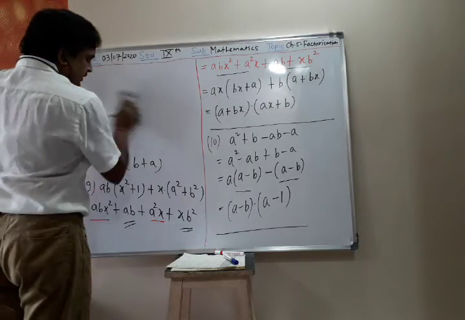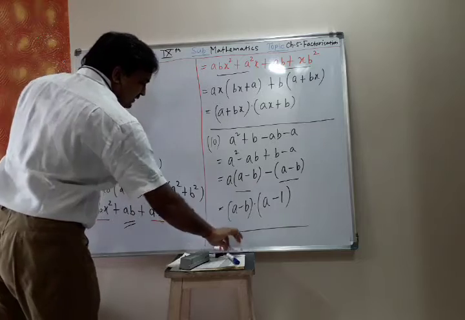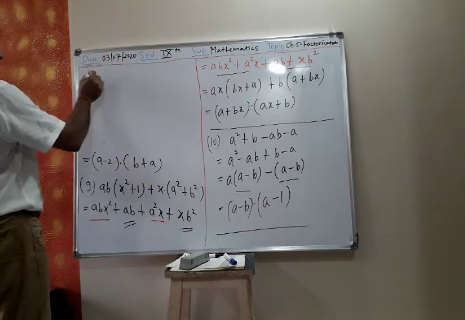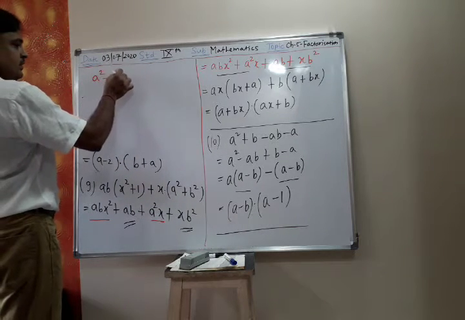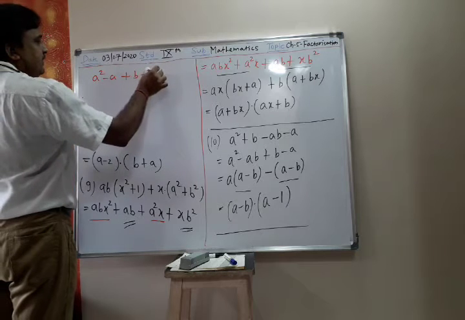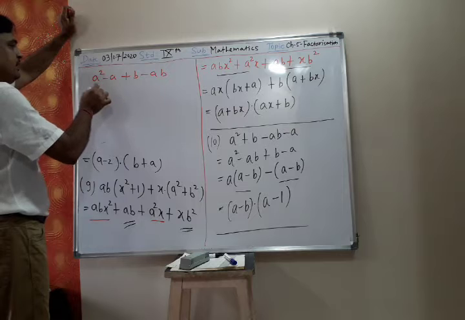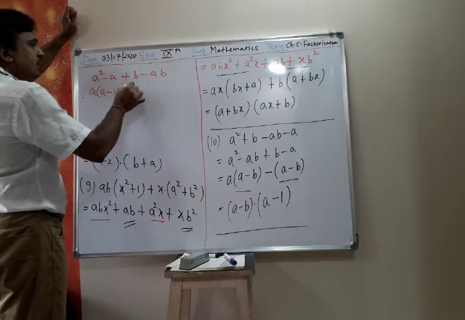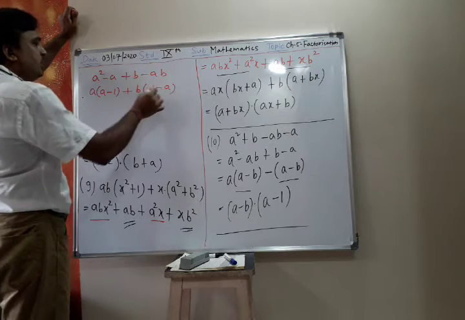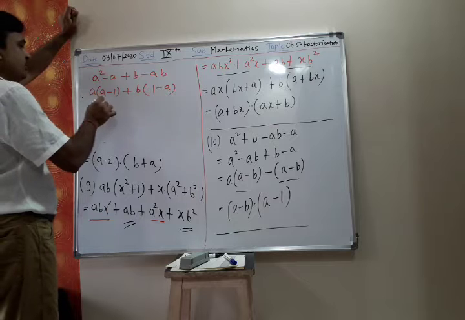Okay. See, this I am explaining. Let us take A square minus A plus B minus AB. Let us take first and fourth, second and third. Now A is common, A minus 1 plus B is common, 1 minus A. So A into A minus 1.